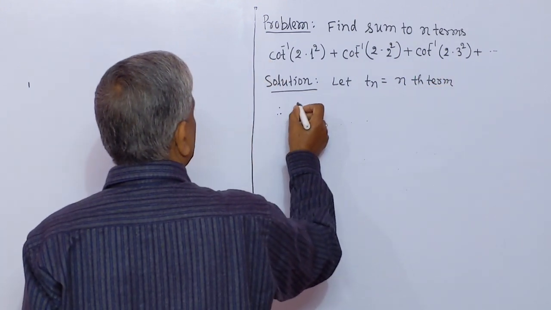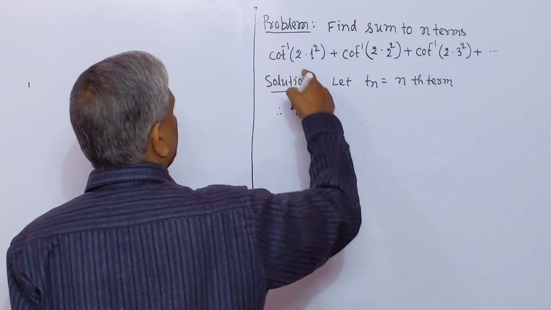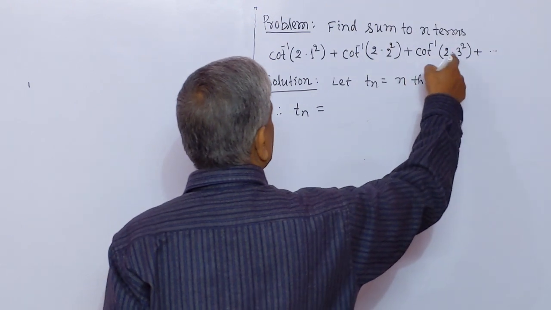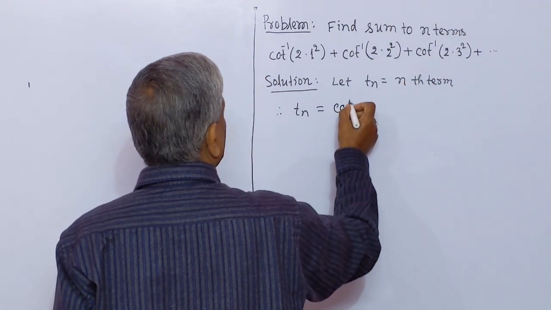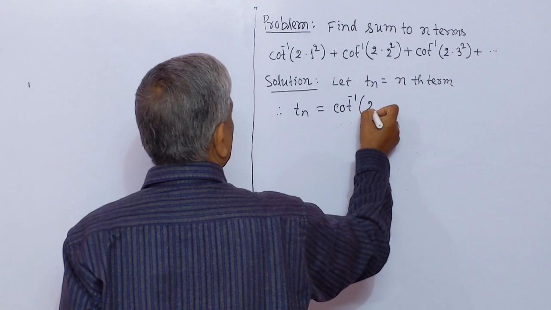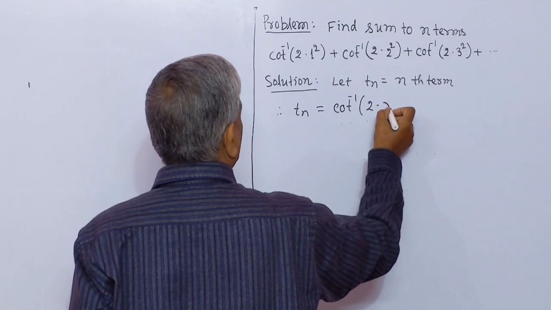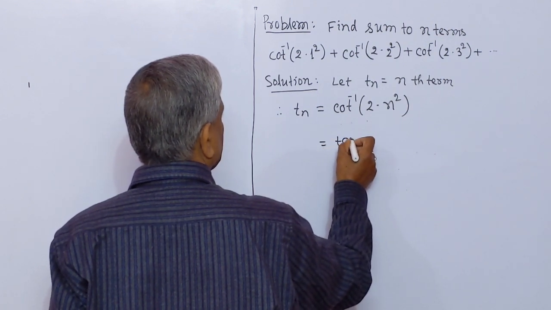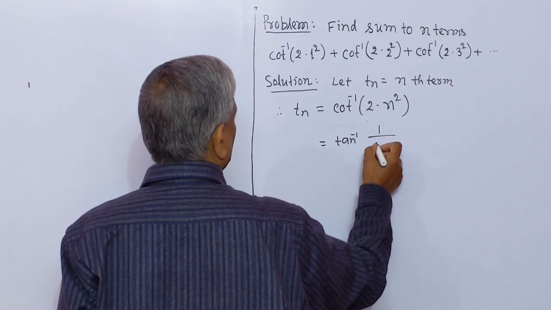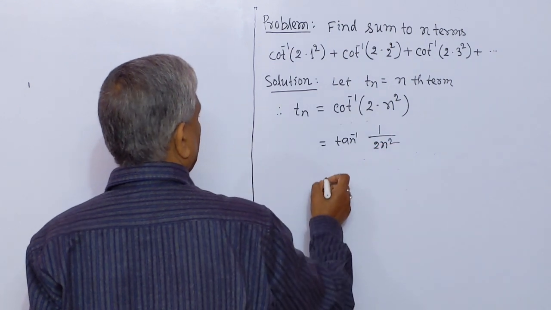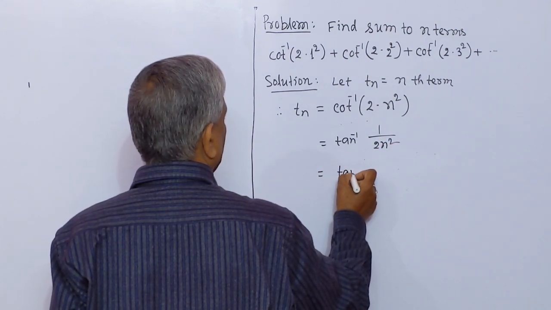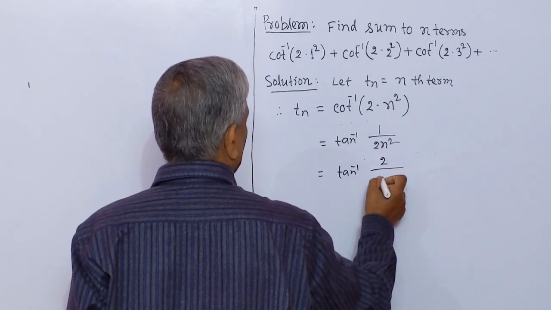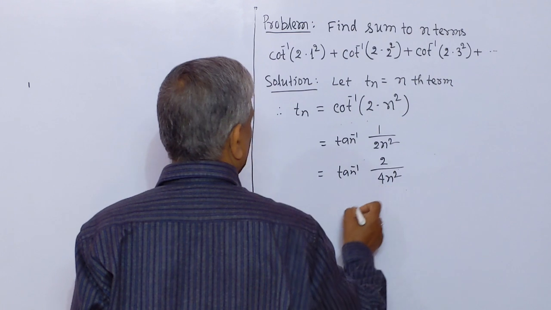Therefore Tn equal to, here in the first term 2 multiply 1 square, here 1 square, here 2 square, here 3 square. So in nth term we will get here n square. We may write this tan inverse 1 by 2n square, and we write this tan inverse here 2 by 4n square.